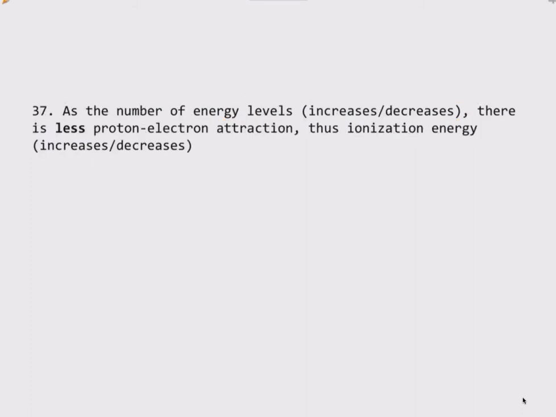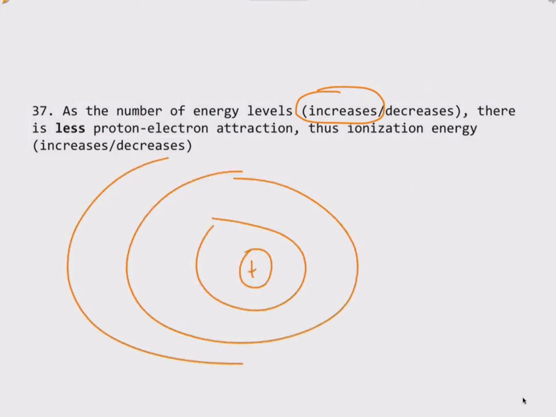As the number of energy levels increases, there is less proton-electron attraction. As you add energy levels, these electrons out here are a lot farther away than these in here.